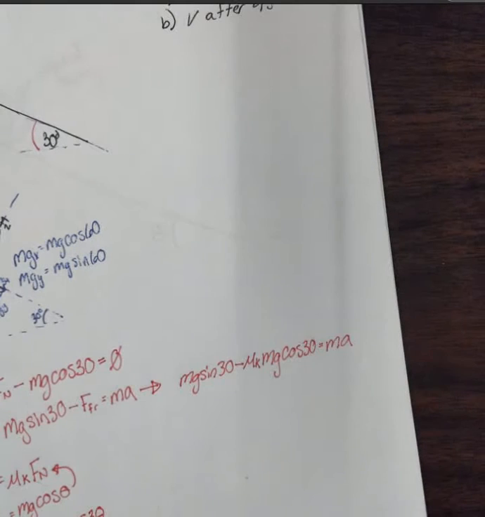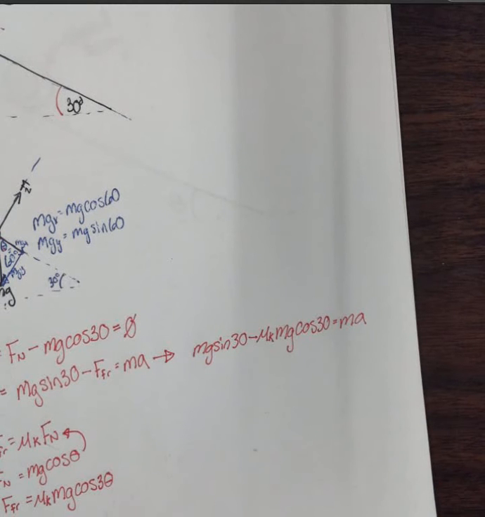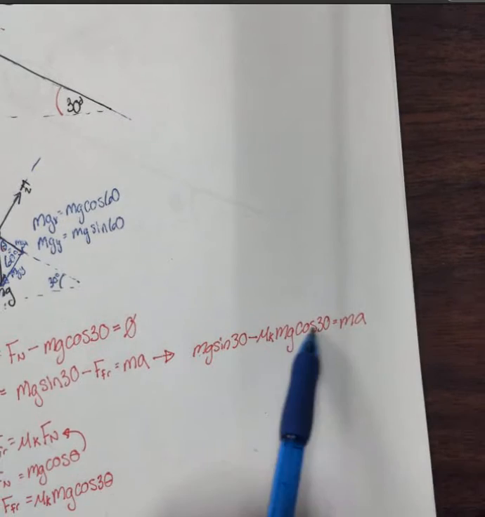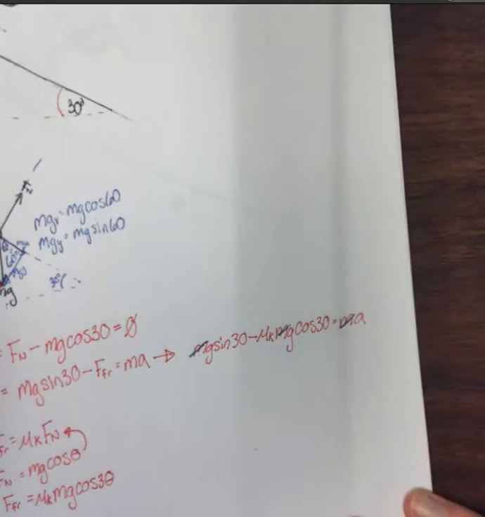And you notice that the only numerical value that we're given this whole time is the angle of 30 degrees. Everything else is in units. But I can eliminate units because you see I have mass on this side and I have mass as a component of everything on this side. So I'm going to get rid of my masses.